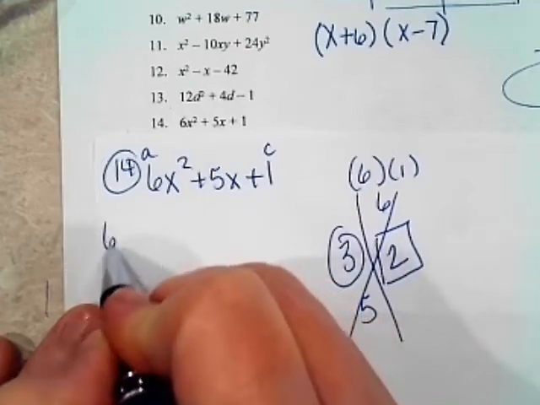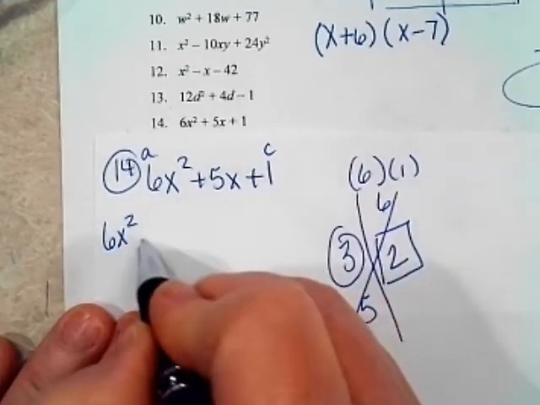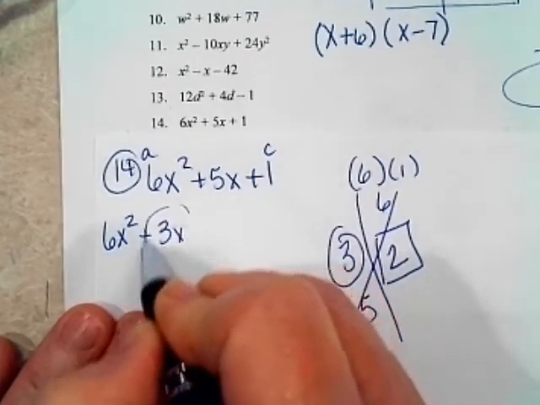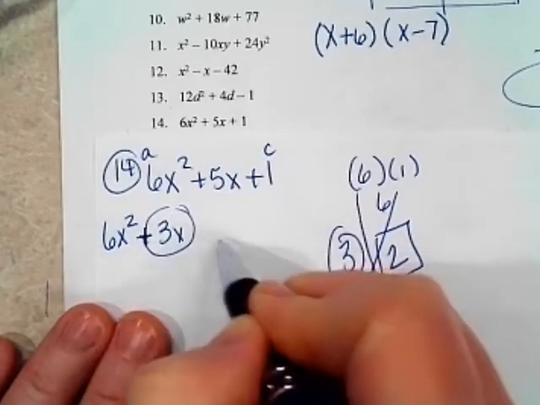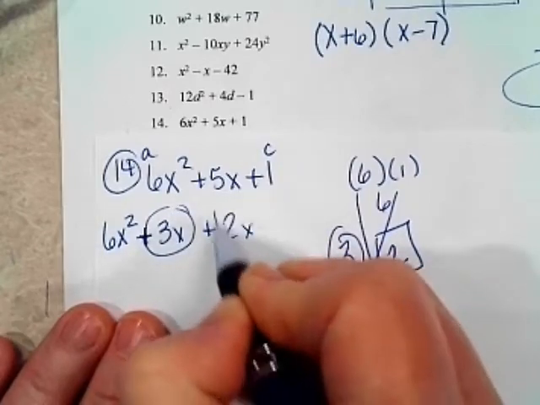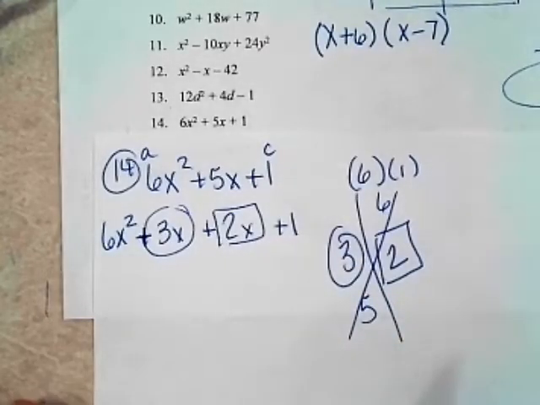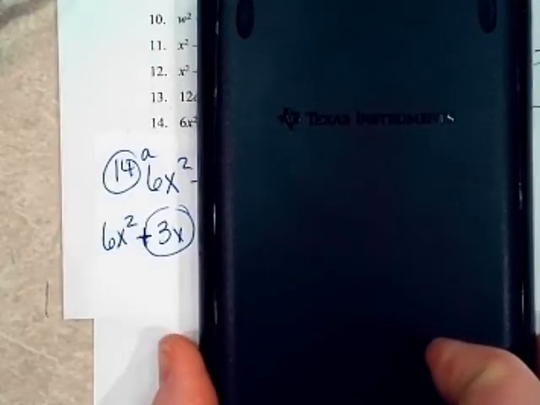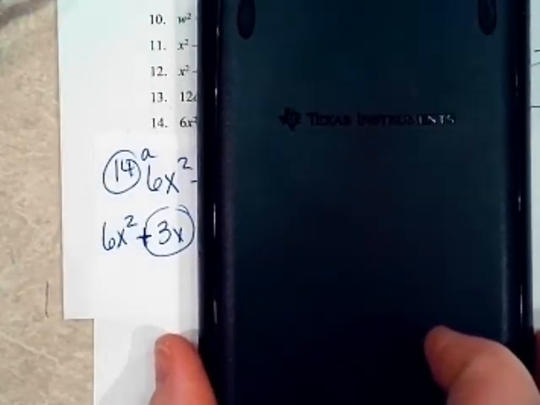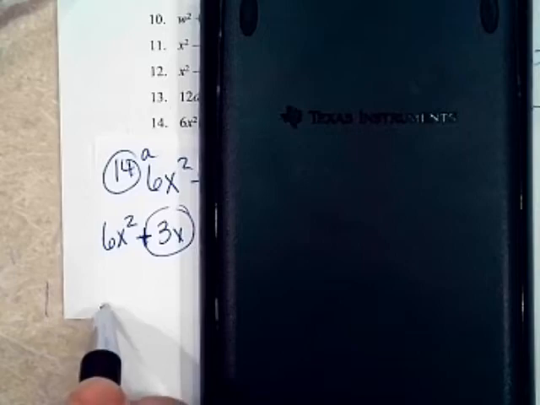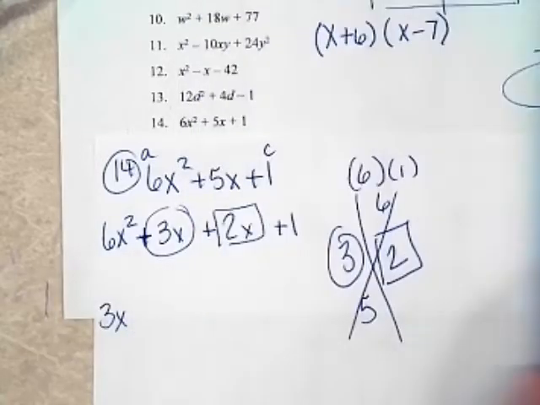So I rewrite 6x squared plus 3x, came from the circle, it's a plus sign, plus 2x, came from the box, plus 1. Then I look for what they have in common. Well, look just two things at a time. 6x squared and 3x both have 3x in common.